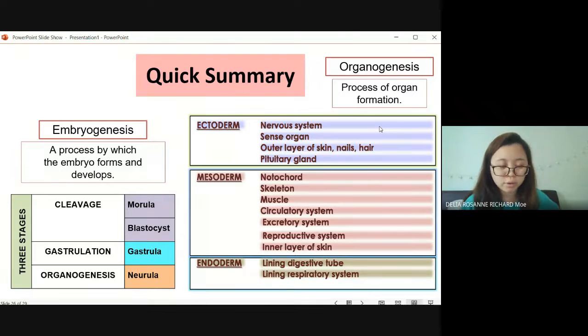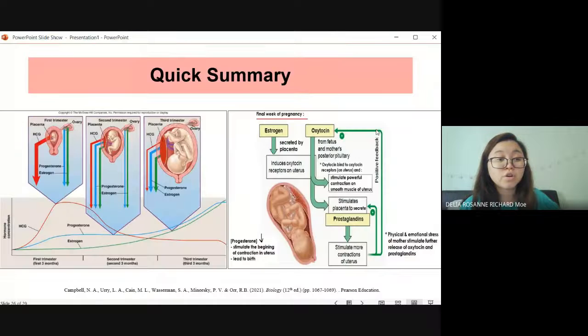And then we go into 9.4. In 9.4, we talk about hormones and how hormones help the baby grow, how hormones make the baby come out. So how do hormones make the baby grow?